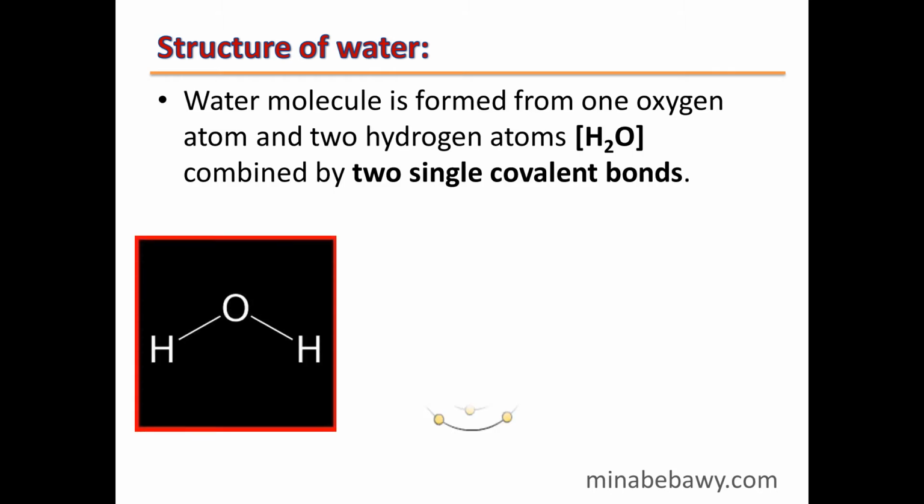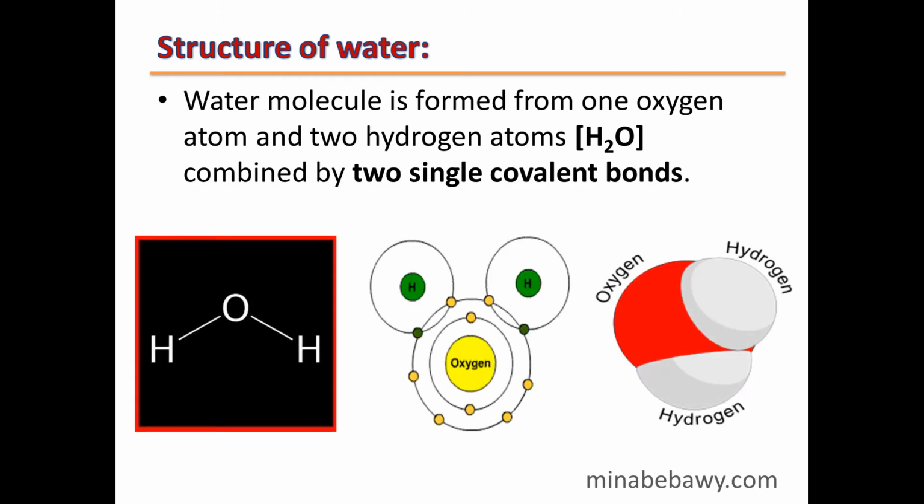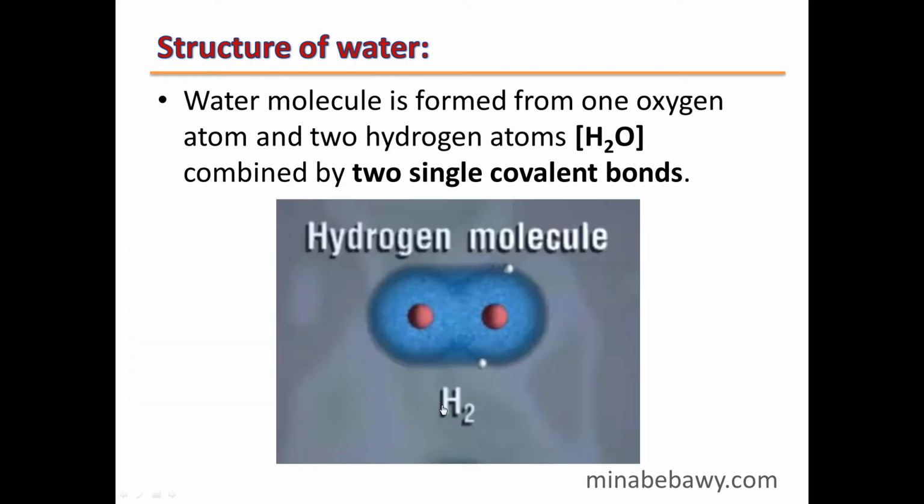What is the structure of water? A water molecule is formed from one oxygen atom and two hydrogen atoms, H2O, combined by two single covalent bonds. These two lines represent the two single covalent bonds between oxygen and hydrogen.